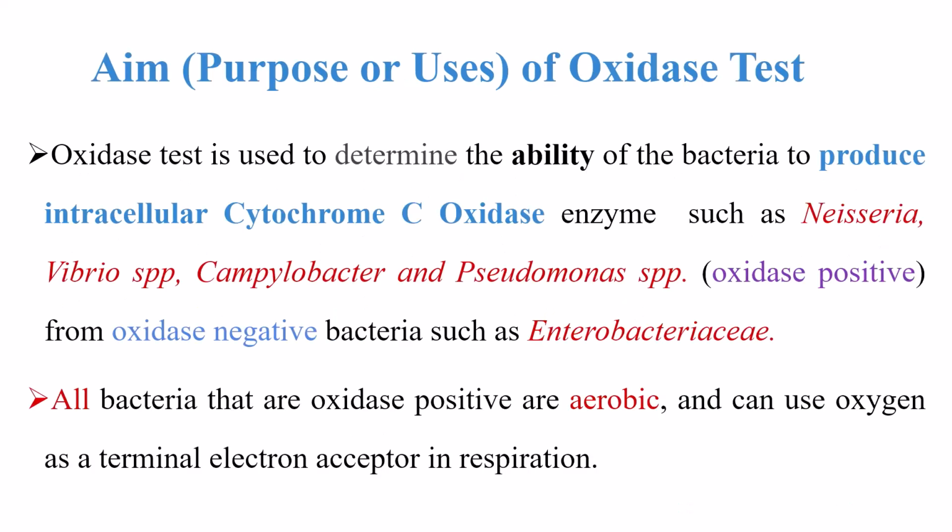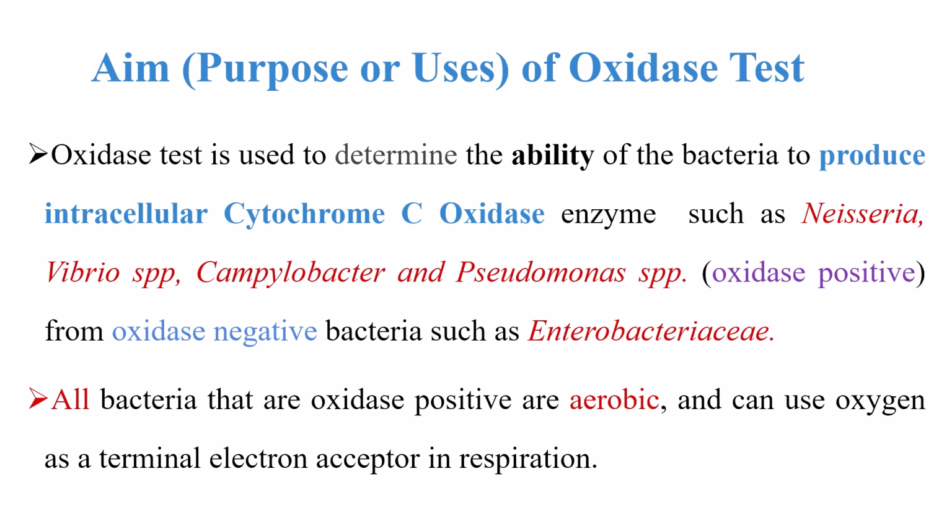The aim or purpose of the oxidase test is to determine the ability of bacteria to produce the intracellular cytochrome C oxidase enzyme. Neisseria, Vibrio species, Campylobacter, and Pseudomonas species are oxidase positive.